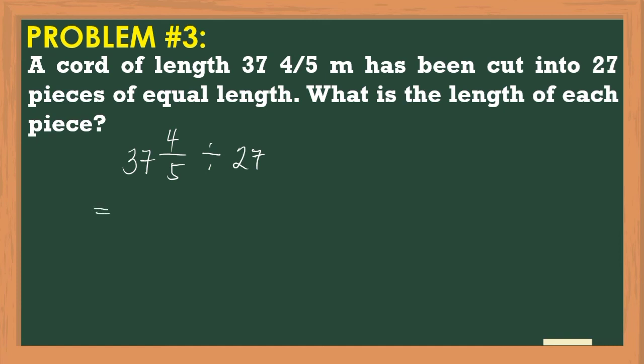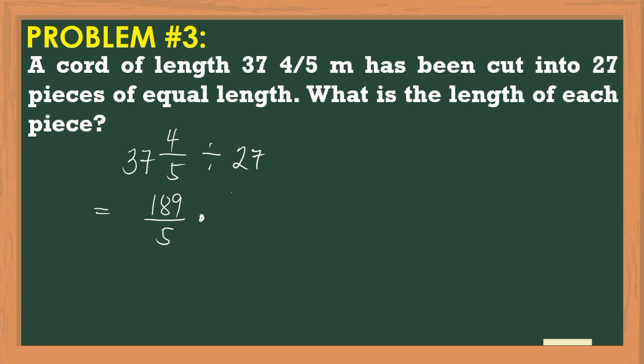So, 37 and 4/5, i-change natin into improper fractions. So, magiging 5 times 37, that is 185, plus 4, the numerator, 189 over 5. And then, multiply to the reciprocal of the divisor, 27.